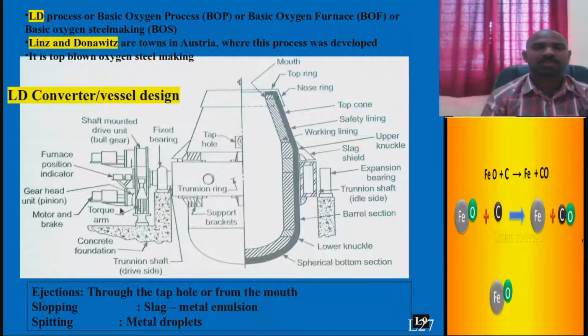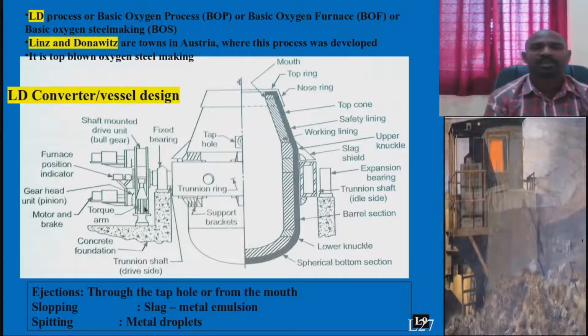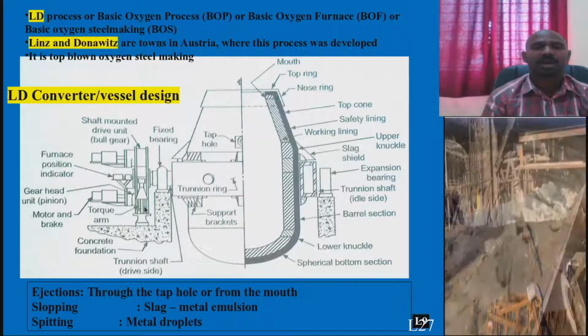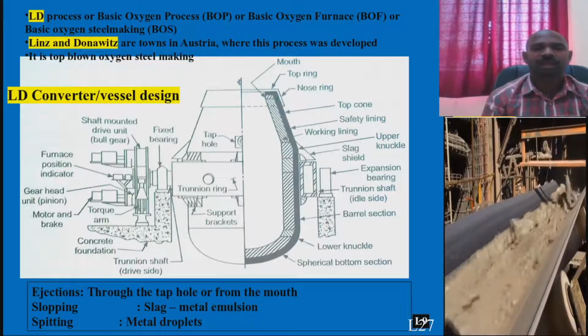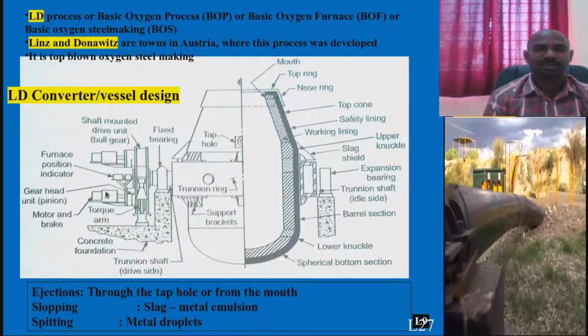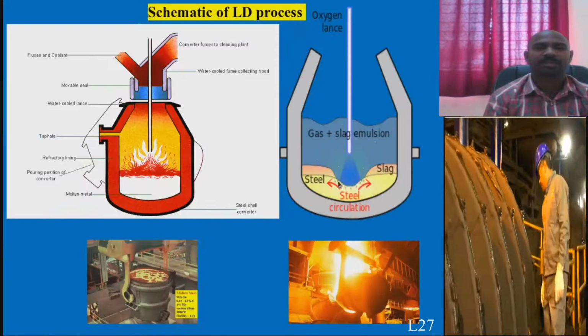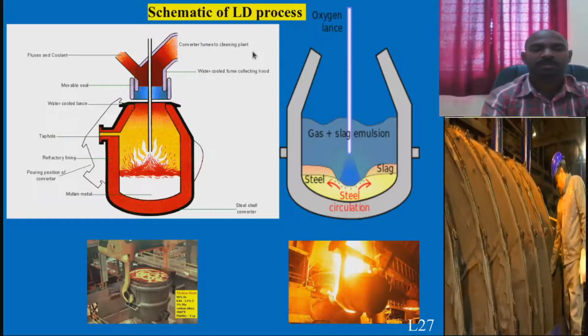By the torque mechanism, you can stop at 5 degrees for a while and take out the slag, then at 10 degrees and 15 degrees, and at 45 degrees you can take out most of the molten metal. So these are the advantages of these things. This is how it looks, a simple schematic.